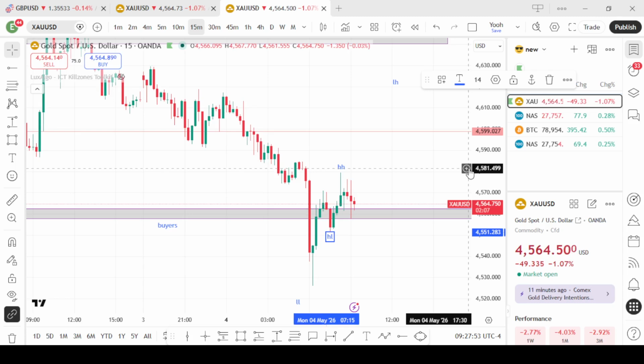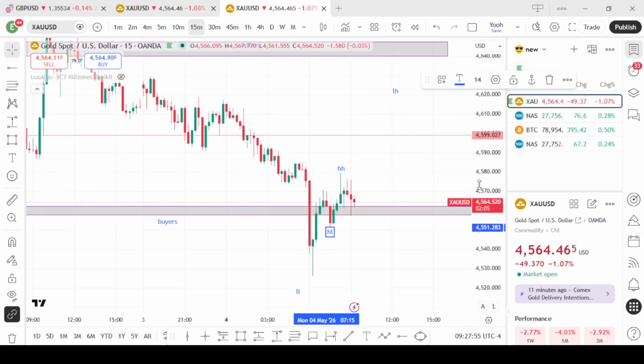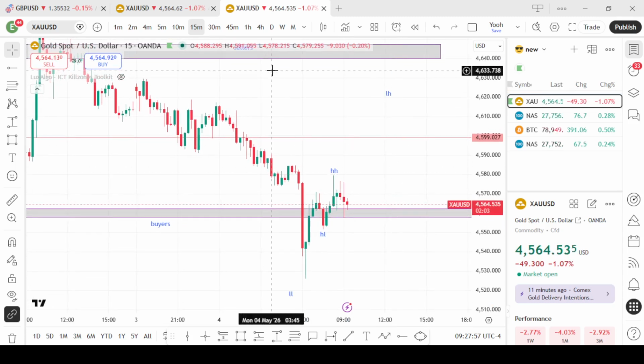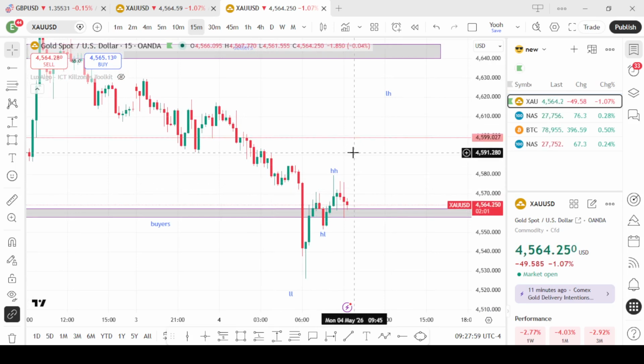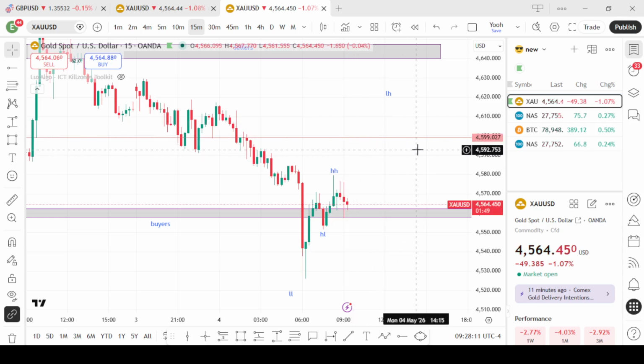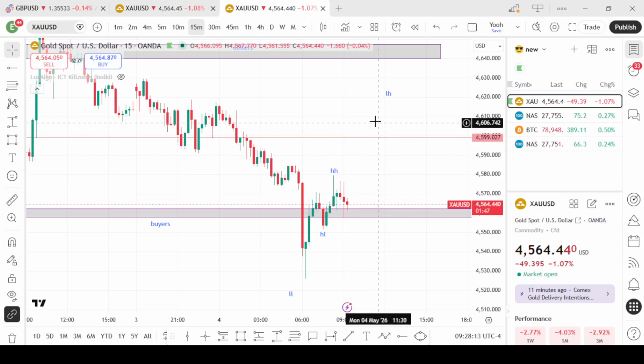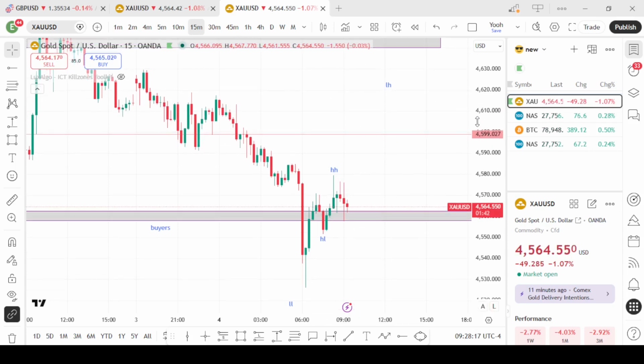But it's better if we wait till the 15 minutes or the 5 minutes makes a lower low and lower high to show that we've resumed the trend. Because if you catch this, you don't know where your TP is. You have to keep trailing your stop loss very, very closely, because you never know when the price is going to reverse on you.